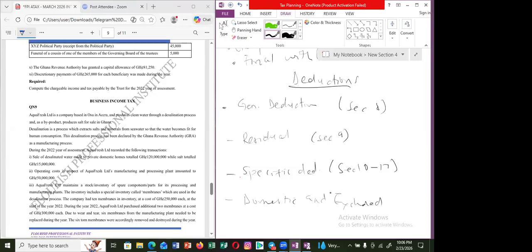And then they also talk about the Commissioner General not allowing a deduction for domestic and excluded expenditures. So the Commissioner General not allowing deductions for domestic and then what? Excluded expenditures.